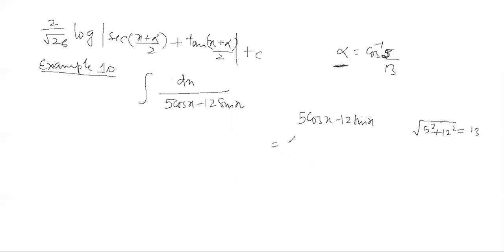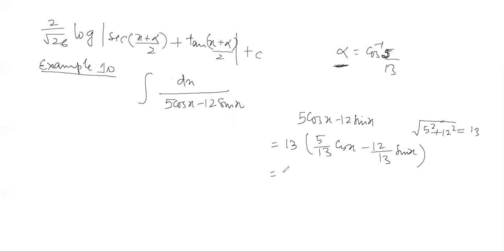The next step is multiply and divide with 13. Here 5 upon 13 cos x minus 12 upon 13 sin x.